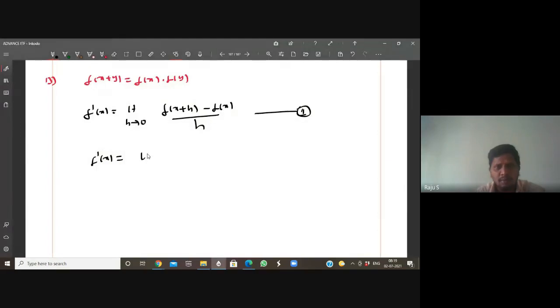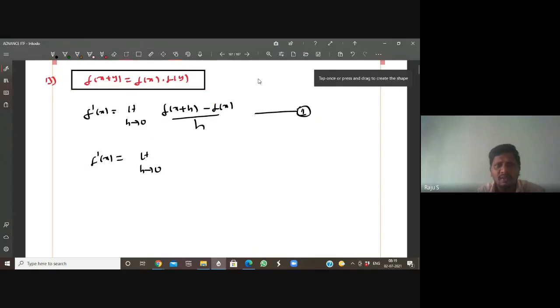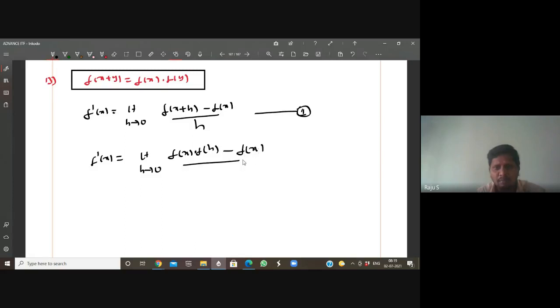Okay, so limit h tends to 0, with the help of the given condition f of x plus y is equal to f of x into f of y. It is in the form of f of x plus h, in the form of f of x plus y. Apply this condition, so it can be written as f of x into f of h minus f of x by h.